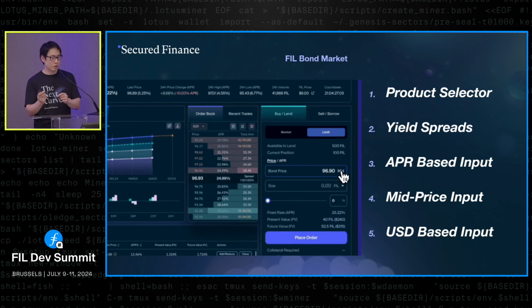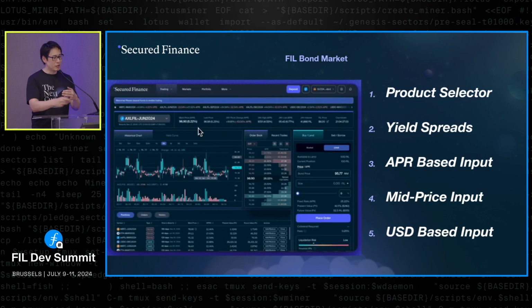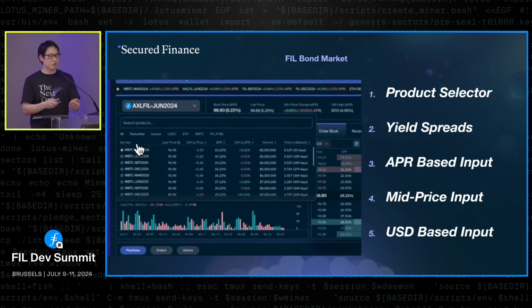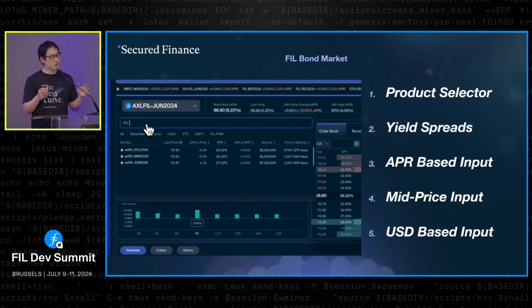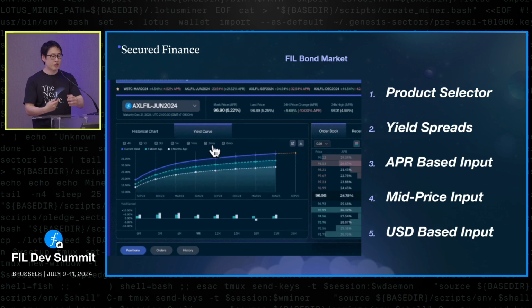APR based input or price based input or mid price input, and also US dollar based input. All these subtleties are built into this input field. So it gives you a better, smoother trading experience. It works almost the same as a Bybit or Binance or Hyperliquid type of trading experience.